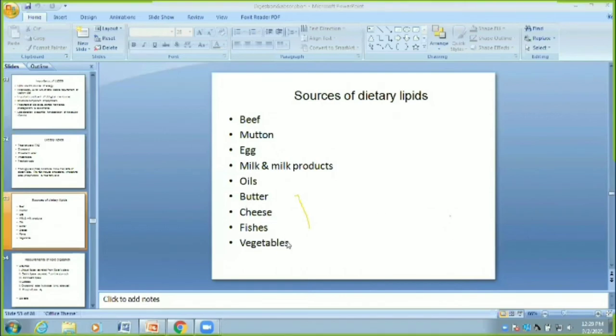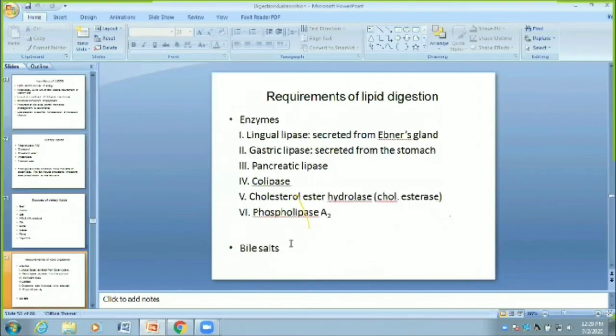Next, requirement of lipid digestion. For lipid digestion, broadly we need two requirements. Number one, enzymes. Number two, bile salts. What enzymes are required?